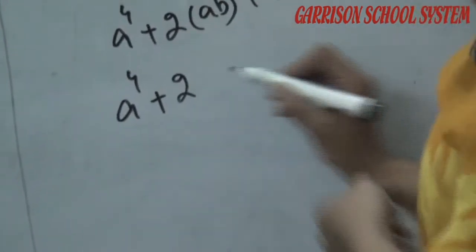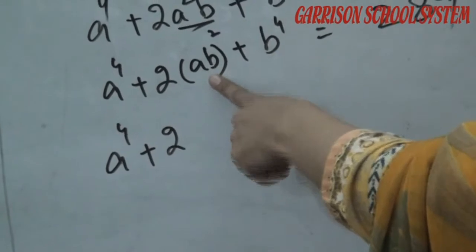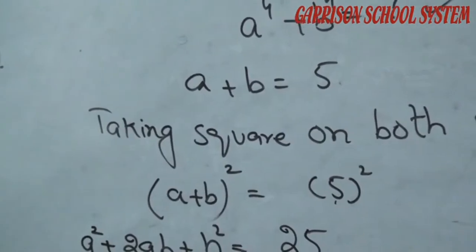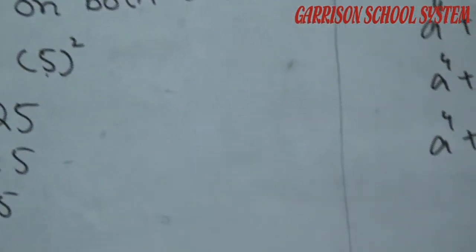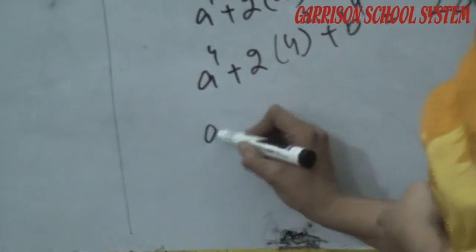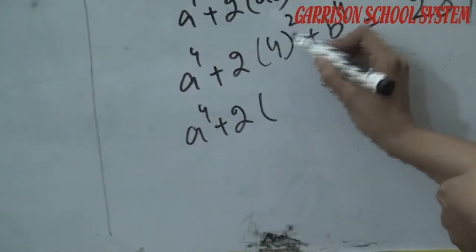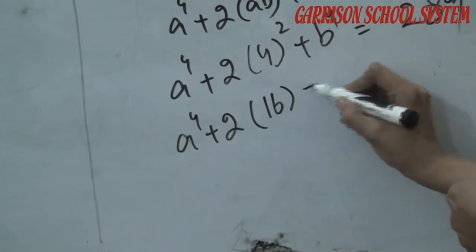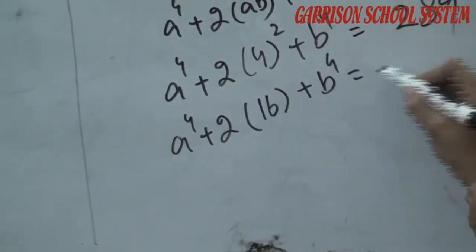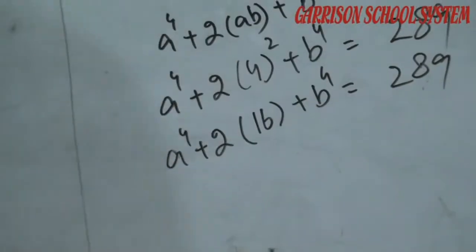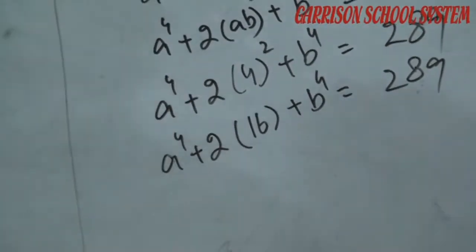Now I will put the value of ab which is given in the question, which is 4. A4 plus 2 into 4 square, 4 multiplied by 4, 4 4s are 16, plus b4 is equal to 289.